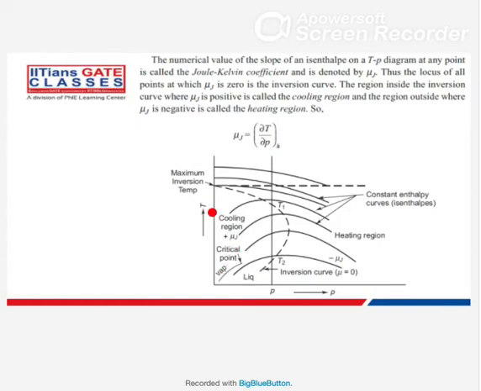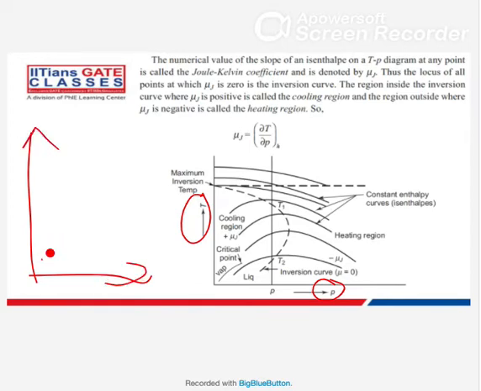Now if you see, this is T, this is P, this is the T-P curve. Now in properties of pure substance, if you remember, we have the sublimation curve, from solid to vapor, then the vaporization curve, then the fusion curve.